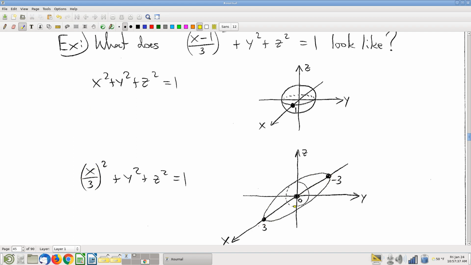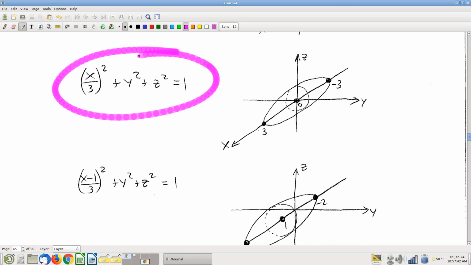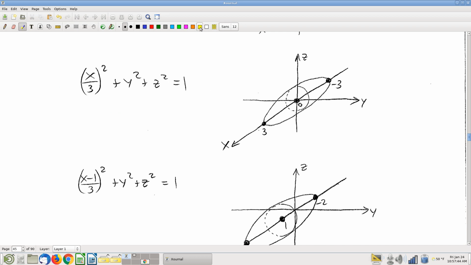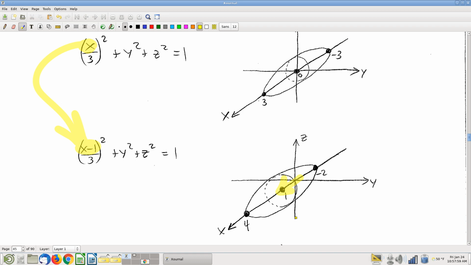I'm now going to replace every x in this equation with x minus 1. That shifts by 1. The opposite of subtracting 1 is adding 1, so that shifts in the x direction by a distance of 1. And look at what I've got. I've got what I was supposed to get. It just seems backwards, but everything we're doing here is backwards.